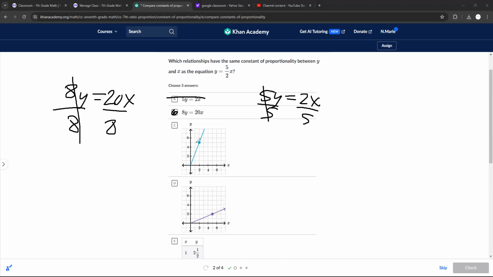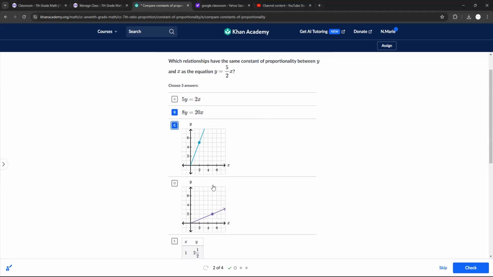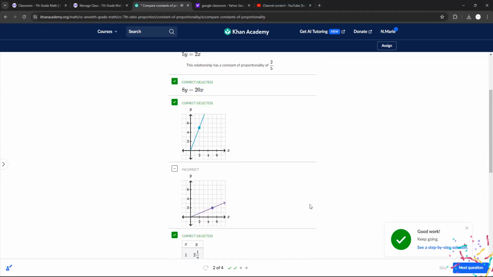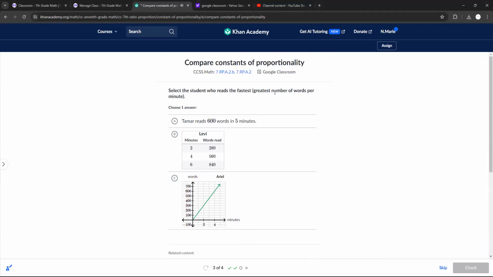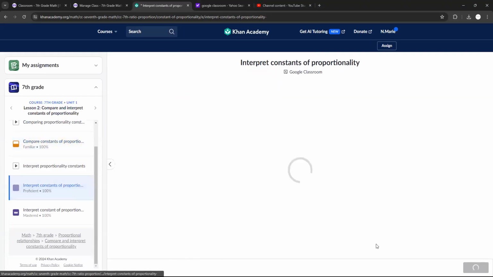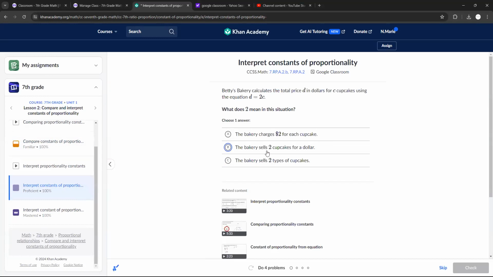Okay, up 5 over 2. This one works. This one does not. And so it would be B, C, and 1 times 5 over 2 is 2.5. Yes, 4 times 5 over 2 is 10. That one also works. So here you're just finding which is the fastest, or whatever the question is that they're asking. You're just comparing the different ones, equations, graphs, tables.